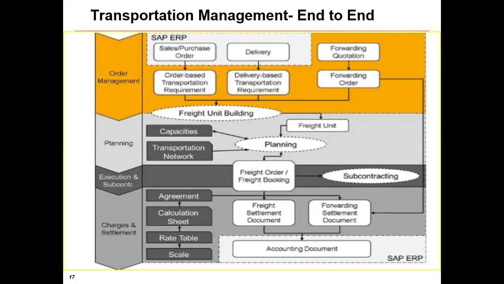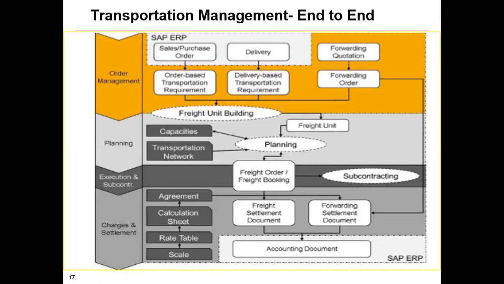Now, first we need to check. During the planning of the transportation processes, shippers or the SAP system will need to check, verify and validate the capacities and the scheduling.